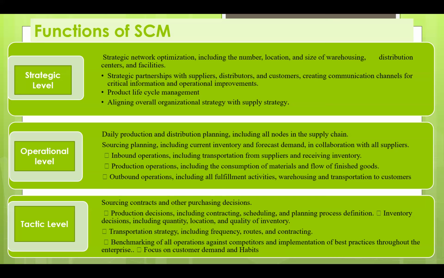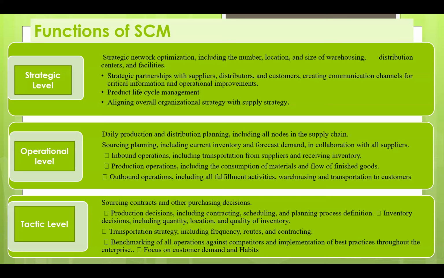Now, coming to the operational level. Operational level consists of daily production and distribution functions. That is, daily production and distribution planning is done, including all nodes in the supply chain. Sourcing planning, including current inventory and forecast demand, in collaboration with all suppliers.